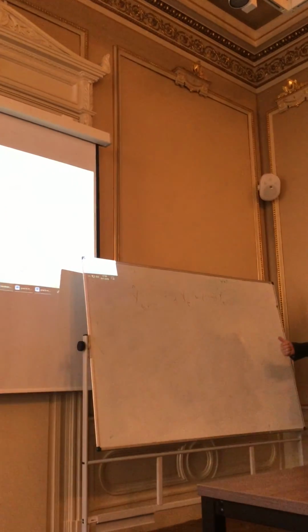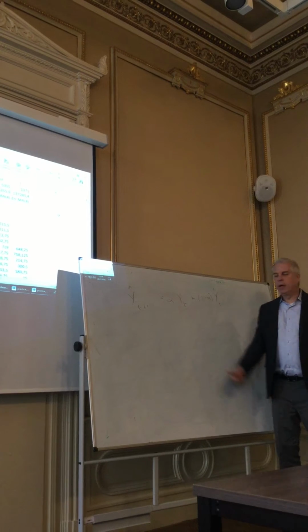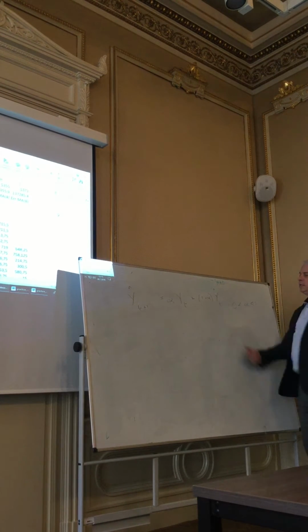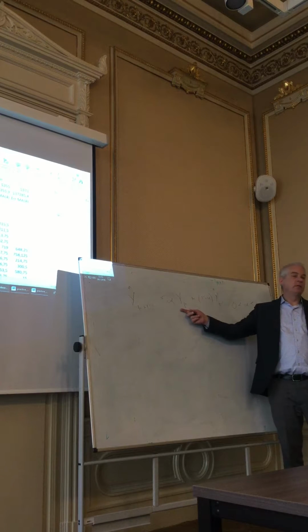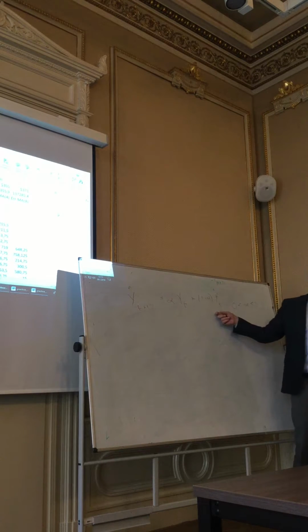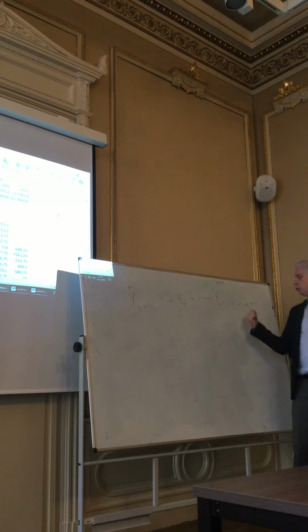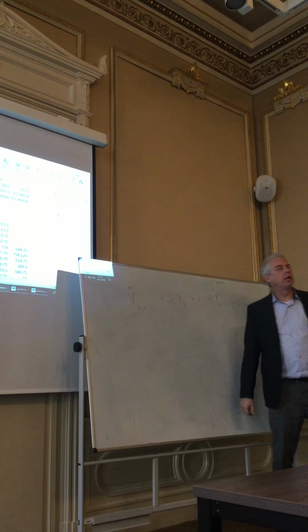So you take basically a weighted average, and alpha is a number between 0 and 1. You take a weighted average of what happened this period and what you forecasted for this period, weighted by some alpha that you choose, to get next period's forecast.